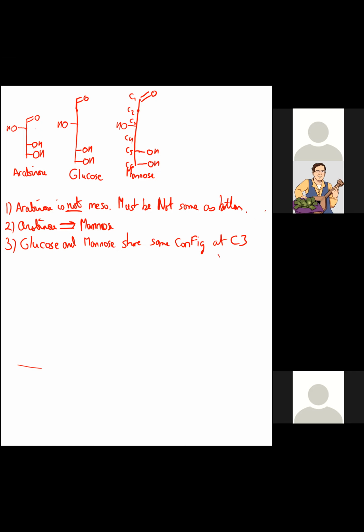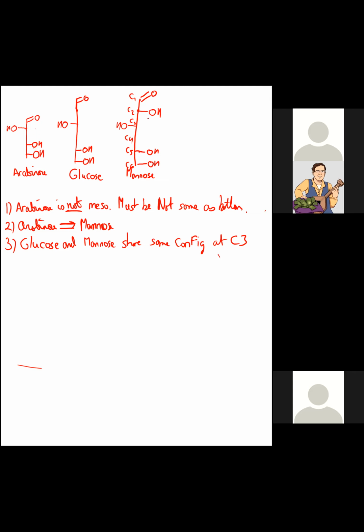Glucose and mannose have to have the opposite, and we know that mannose is optically active. So if mannose had the OH, need to make sure I get this to the right here, like that, and the acid is optically active. Both acids are optically active.